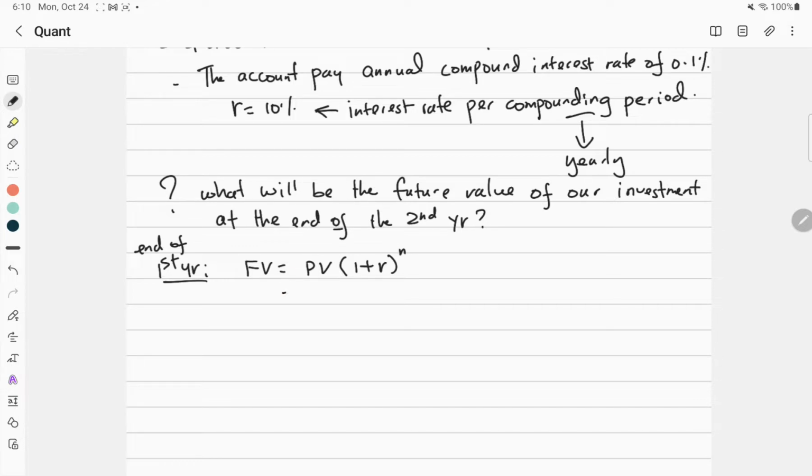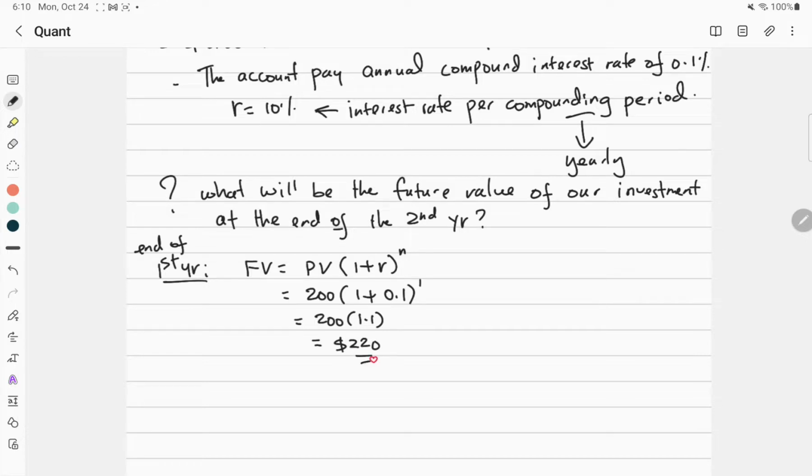We put a $200 investment in the account, 1 plus the discount rate is 1.1, and our n is 1. So this is simply 200 times 1.1 raised to 1, and this is $220.